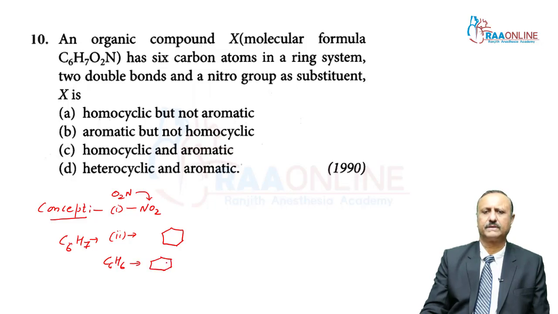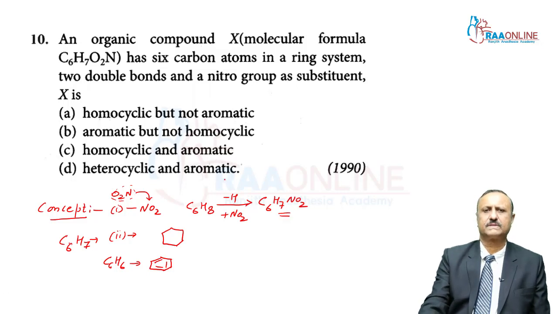So, my dear students, when you see the benzene ring C6H6, but here one hydrogen atom is extra, and this NO2 is also present in this molecule. So, you can say that when you have a C6H8 compound in which one hydrogen atom is replaced and NO2 is placed, then you can get the C6H7NO2, and this is the molecular formula which is given in your question.